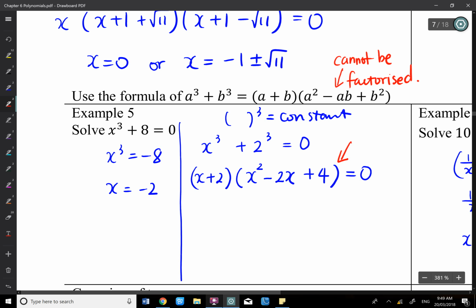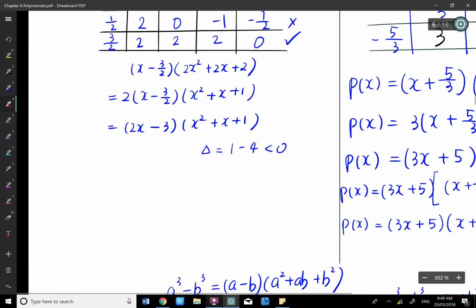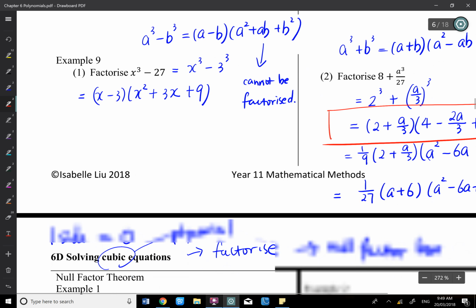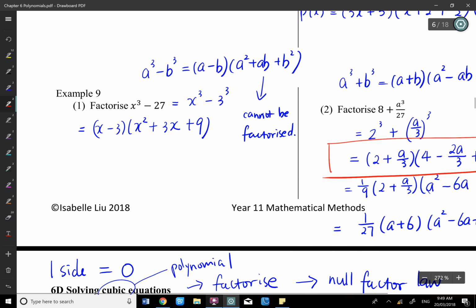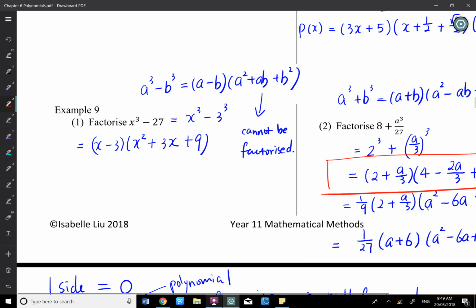So if you use this a cubed minus b cubed or a cubed plus b cubed formula, the quadratic you have cannot be factorized for sure. The discriminant must be less than 0. I talked about that one at the end of the last lesson. Remember, see? What I wrote here cannot be factorized. So page 61, I was talking about that as well. We can see all these examples show you can't factorize it.